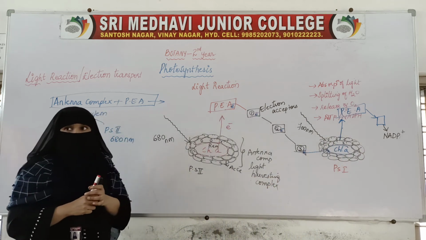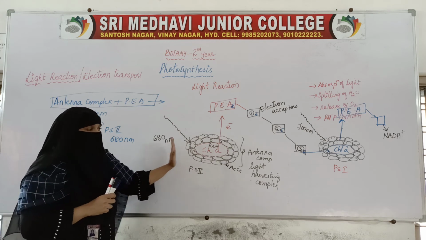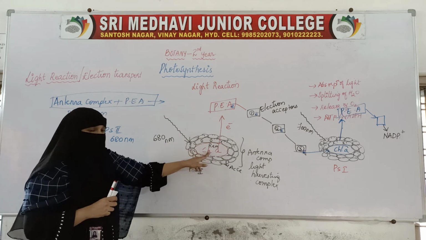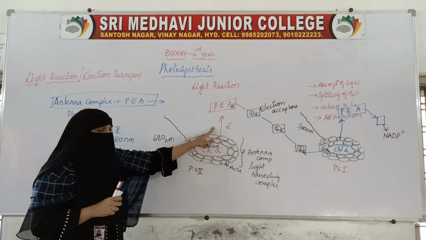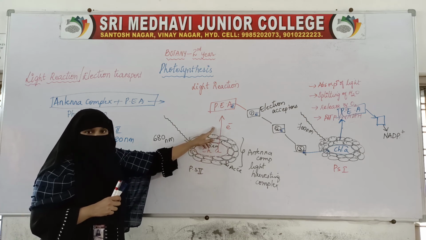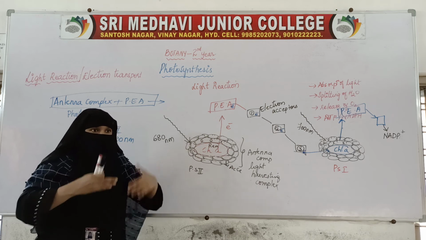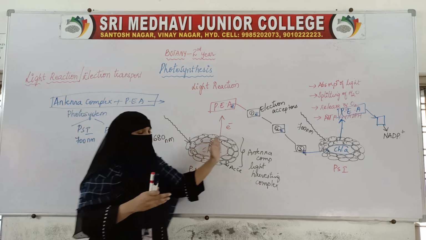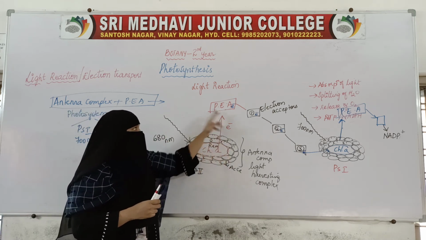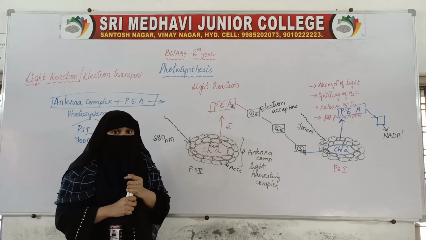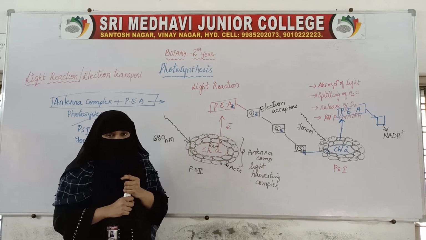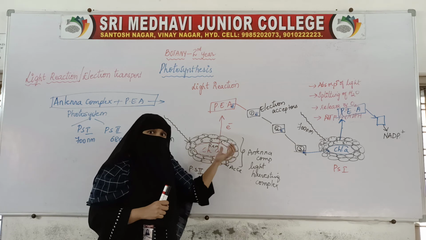So now what happens? This chlorophyll has lost the electron. It gained the energy, and in excitement it said, okay, now come and take, I'll give one electron. So it has ejected one electron which has been accepted by the primary electron acceptor. Now whatever energy was there has been utilized.